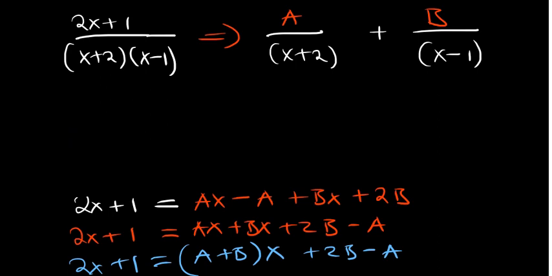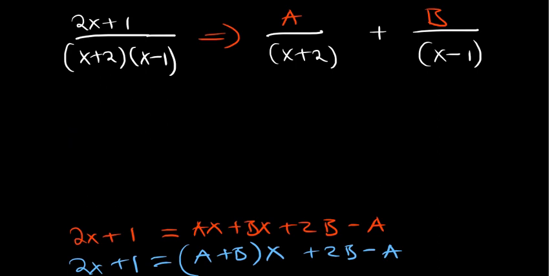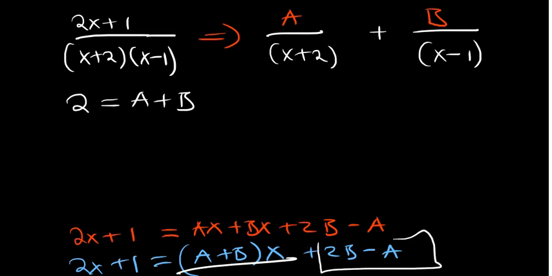At this point, the part having x on the left should be equal to the part having 2x on the right. So we now have 2 being equal to a plus b, and the constant 1 should also be equated to the parts that do not have any x on the other side, so 1 is equal to 2b minus a. I can now take them to be simultaneous equations.